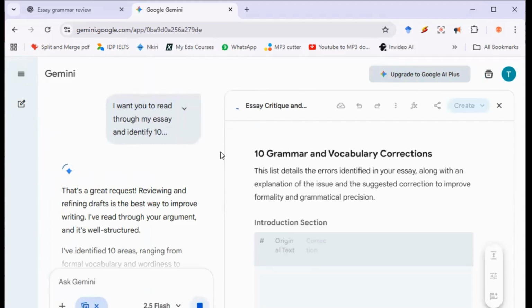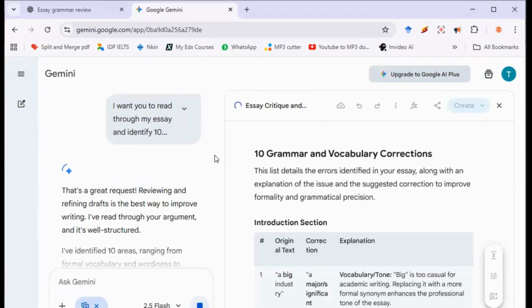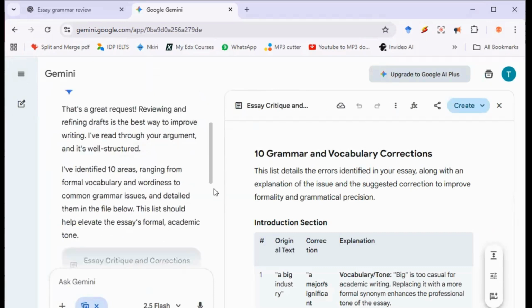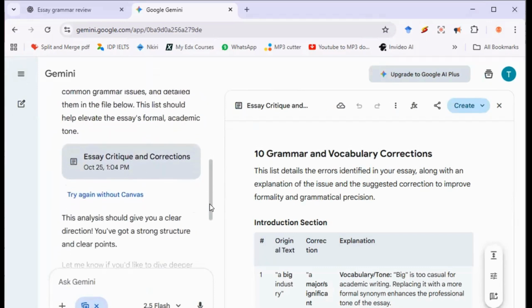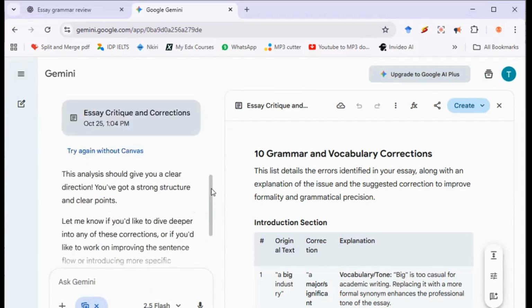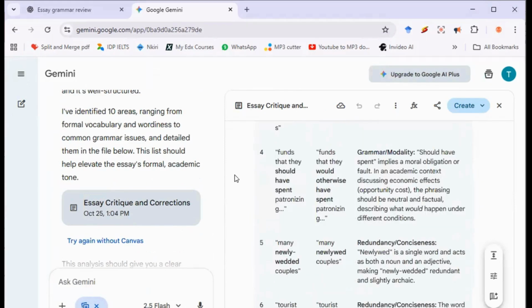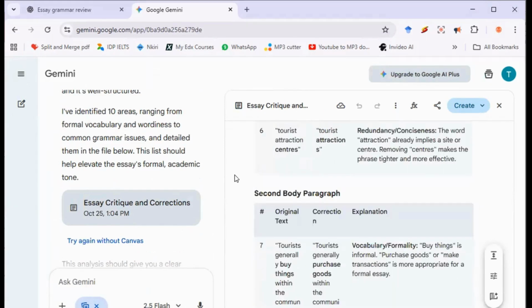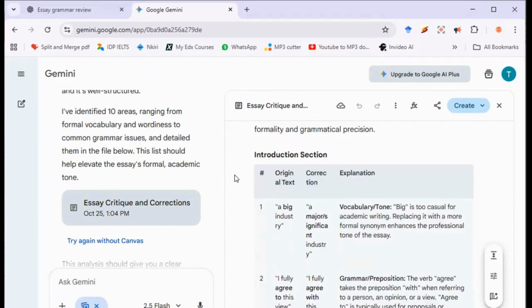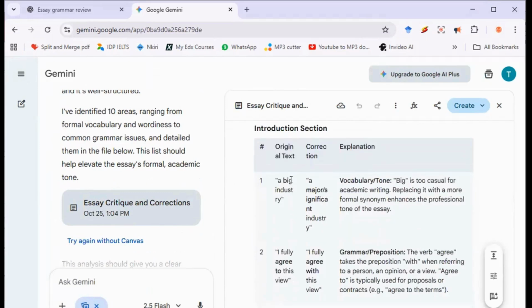I have identified. Okay, let's see what he has identified here. This one is long. A big industry. So instead of writing a big industry, it says we should make it this thing.